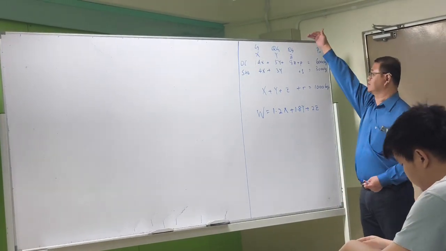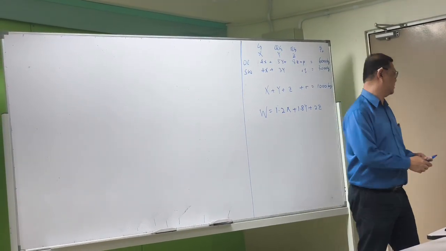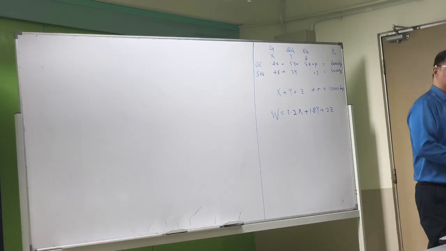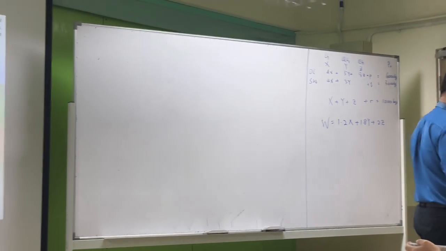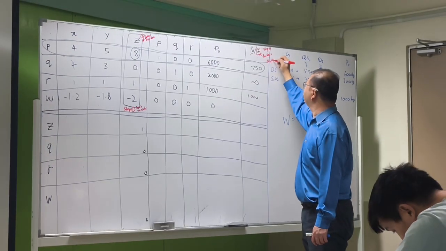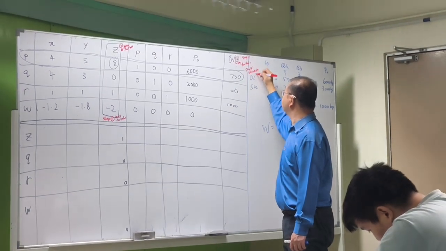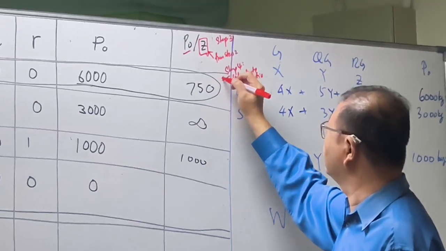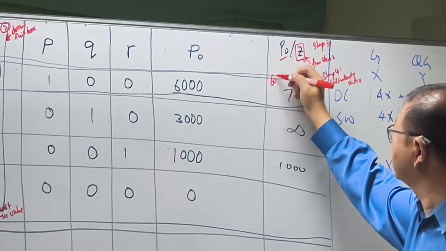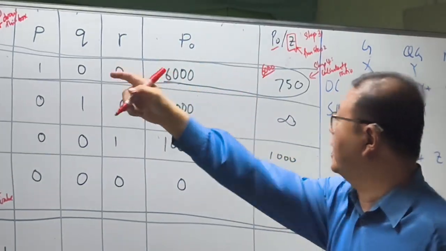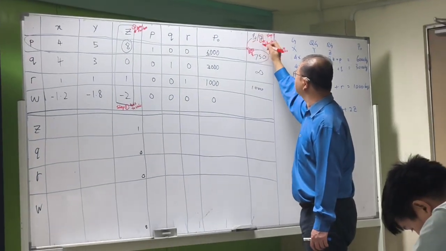You can produce it, let's copy that. Now we calculate the ratio. So this one is 6,000 over 8. This is V naught.